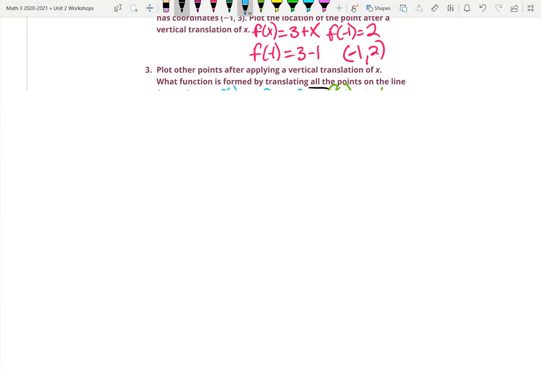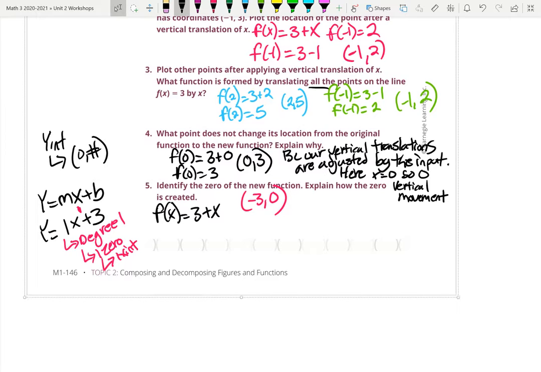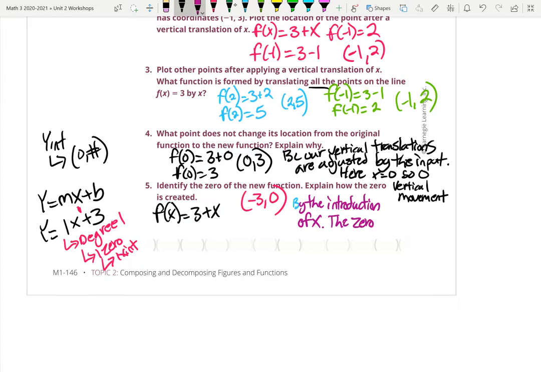So, essentially what we got to say, how is the 0 created? Well, the 0 is created by the introduction of x. The 0 is always an x-intercept.